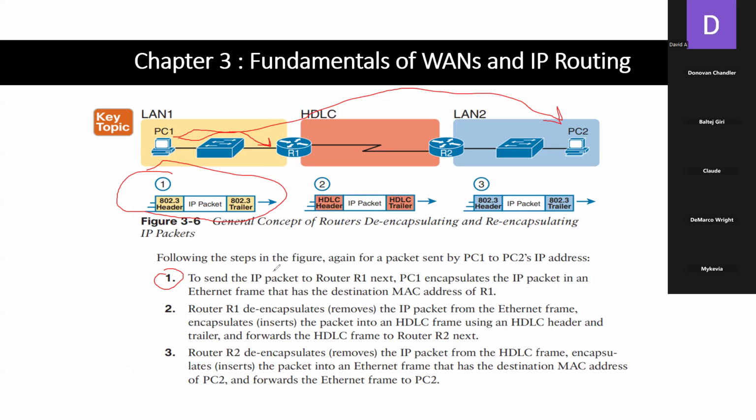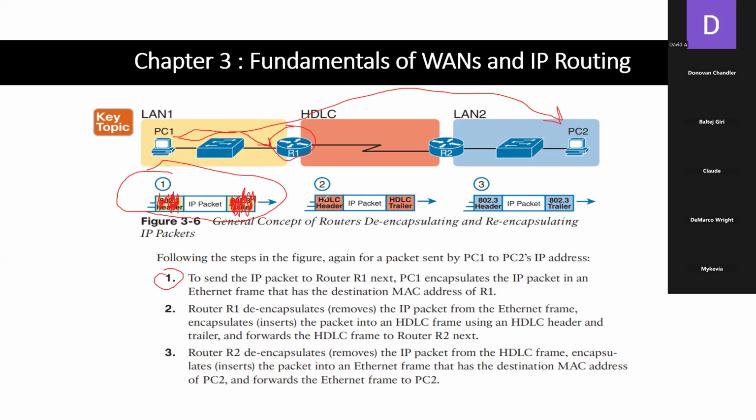Okay, let's look at step 2. Router R1, so we're right here, de-encapsulates. We're going to take the Ethernet header and trailer off, so it's removing the IP packet from the Ethernet frame.